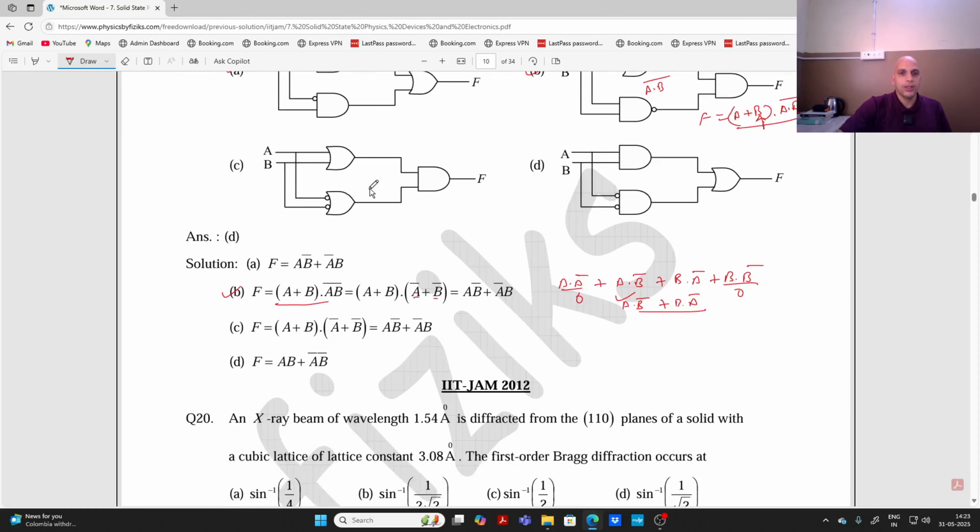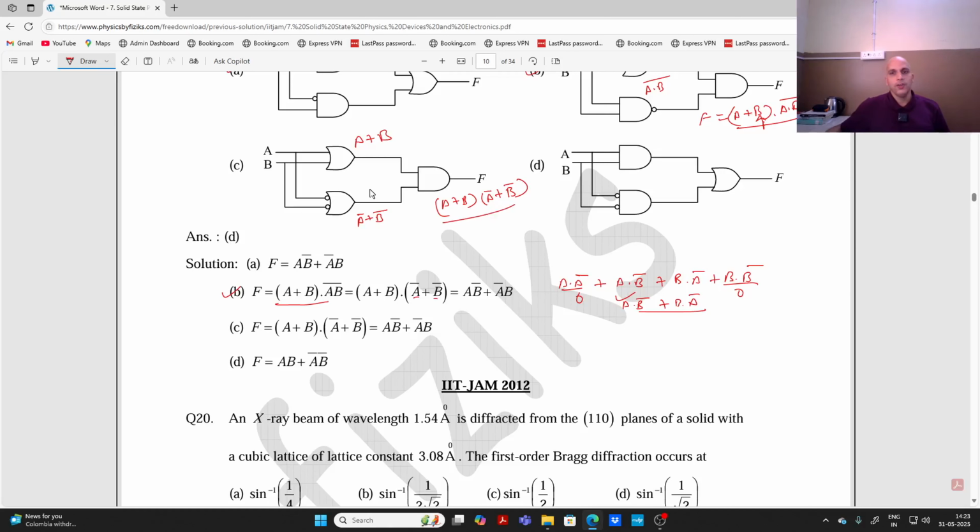Now let's come to the third option. The third option is a plus b, and what about it? A naught plus b naught, a bubbled OR gate. And what about here? A plus b into a naught plus b naught, right? A plus b into a naught b naught. So we have already solved it here.